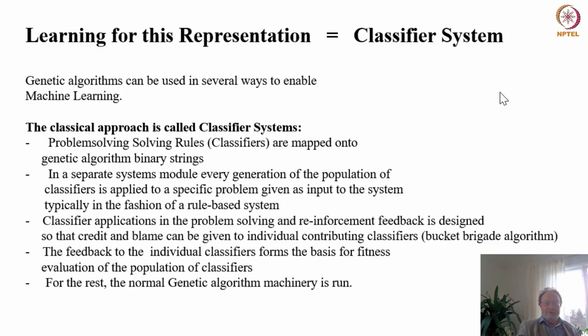I mean, you already saw some slides ago how you need to do this mapping. So for the 8 queens problem, you have to do it in some way, or you probably do it in another. So of course, nothing prevents you from taking the symbolic rules of a rule-based system or a production system and mapping them onto binary strings.